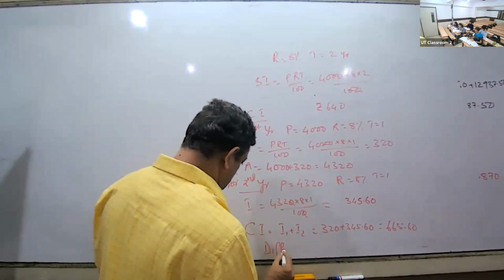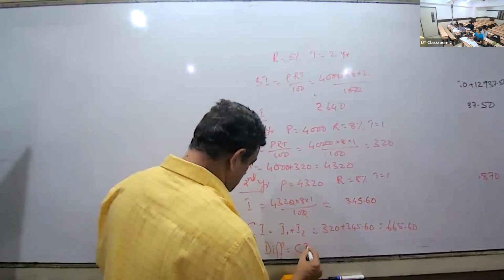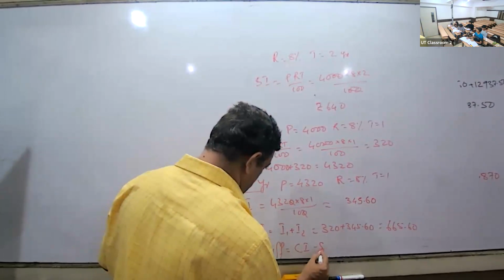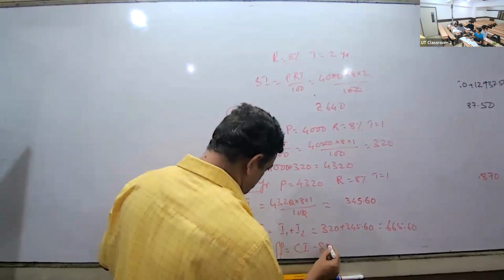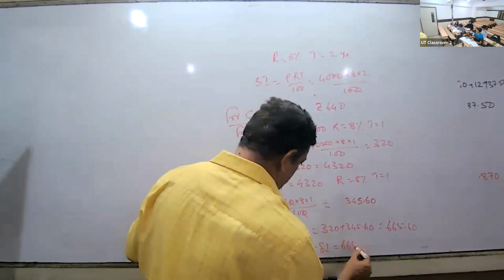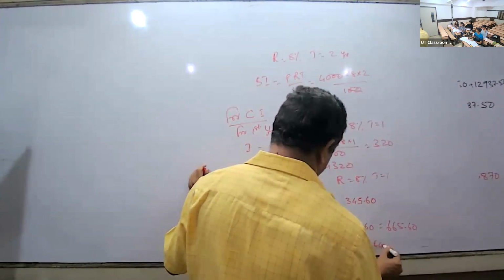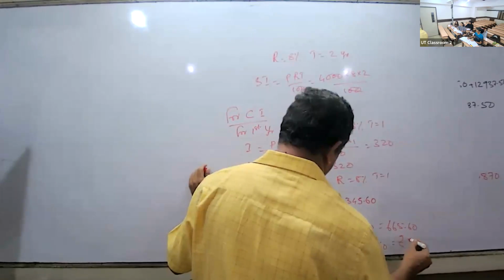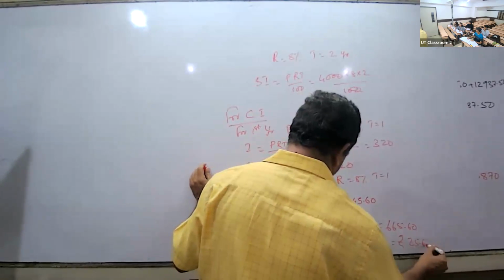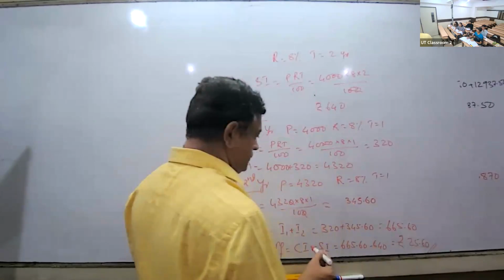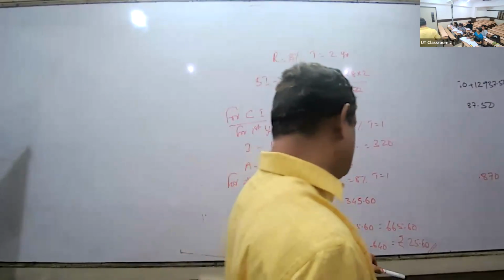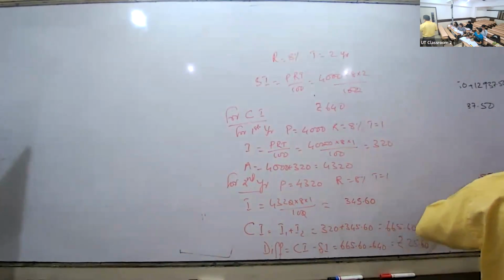Difference is equal to CI minus SI, 665.60 minus 640, which is rupees 25.60. Check the steps. Calculations, please don't make mistakes.